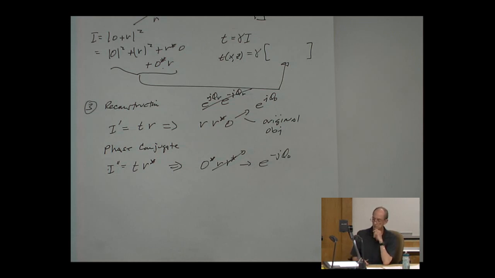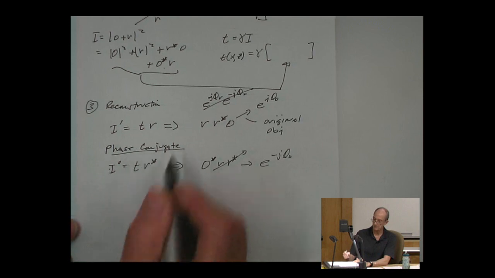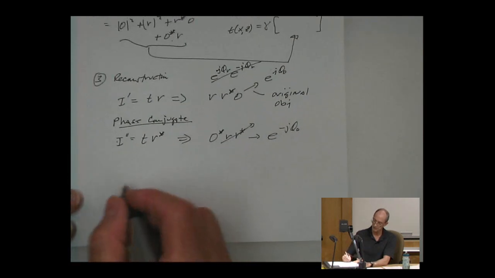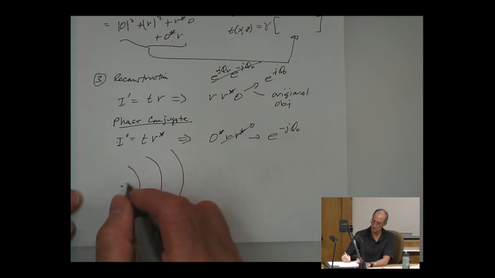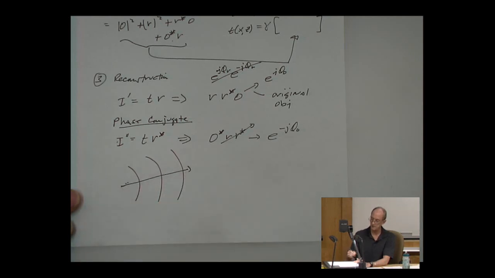Just to point out, for those of you maybe not too familiar with what we mean by a phase conjugate, say we have a wave which is expanding in time like that.